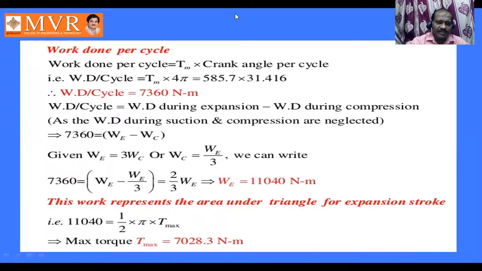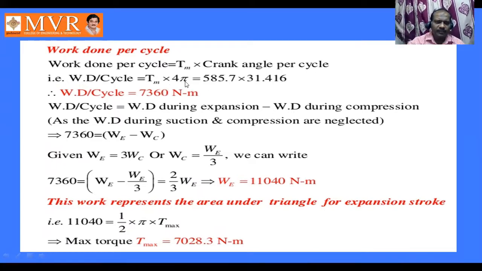Then work done per cycle is equal to T mean into crank angle per cycle. T mean we calculated as 585.7. Work done per cycle means it contains 360 degrees twice, that is 4 into pi.